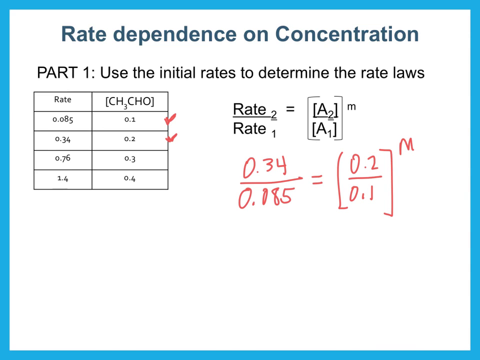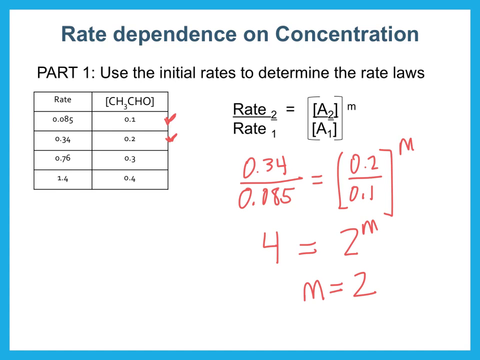So when you simplify this, 0.34 divided by 0.085 should get you about 4, and 0.2 over 0.1 should get you 2 raised to the m. So you can look at this and ask, 2 raised to what power is going to get me 4, and hopefully you can do that in your head and recognize that the order is 2.